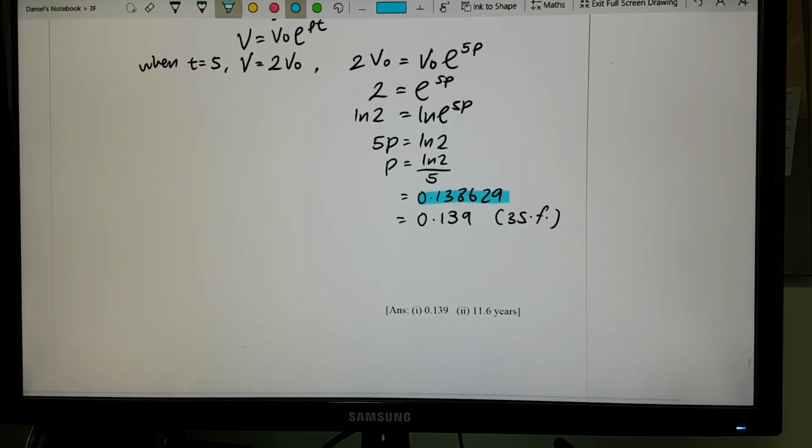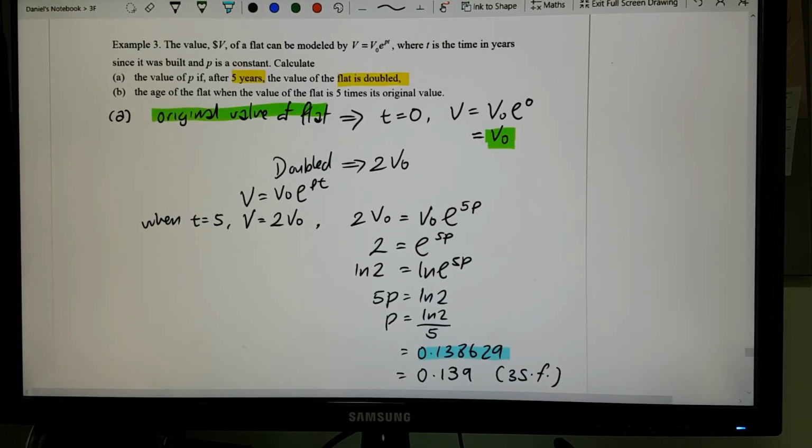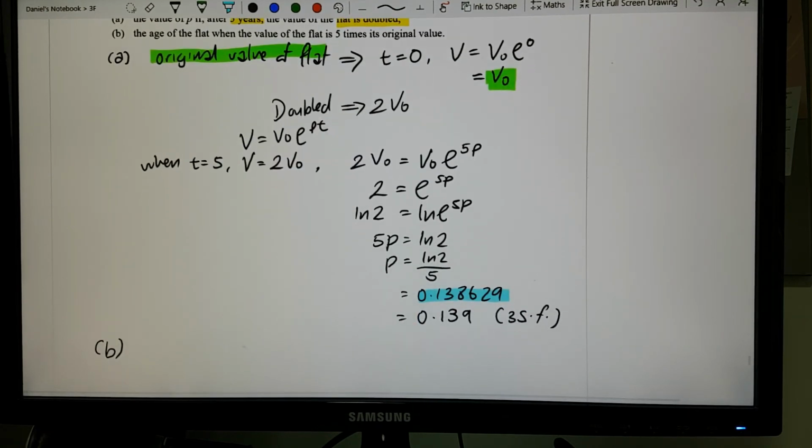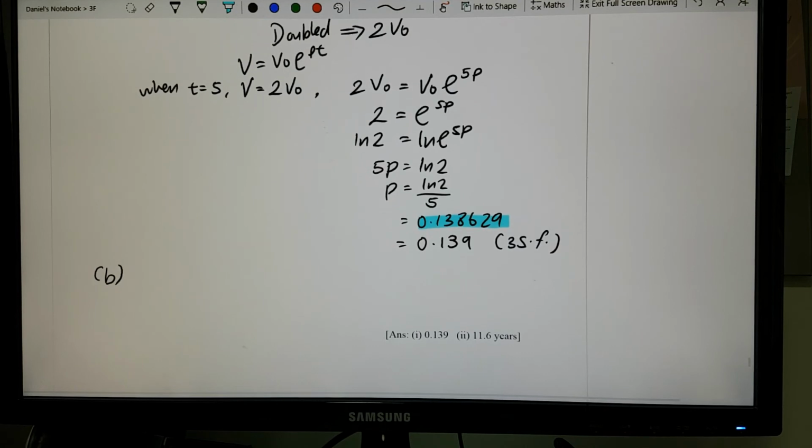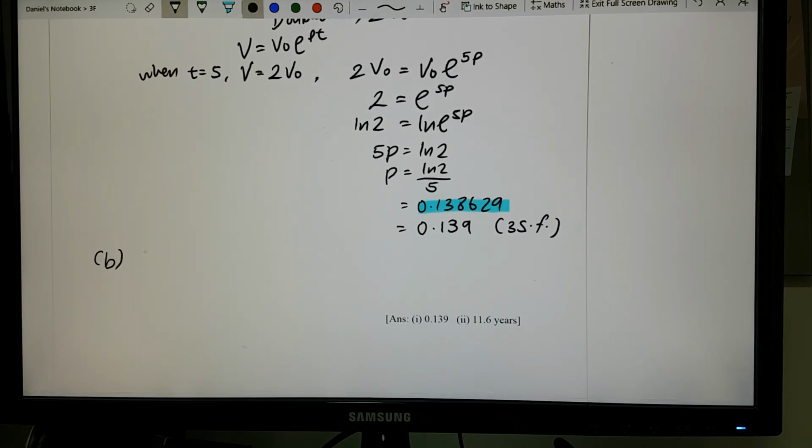For part B, the age of the flat when the value is 5 times its original value. 5 times. Okay, simple. But first thing, remember what I say? Change the equation because now I know the P value.